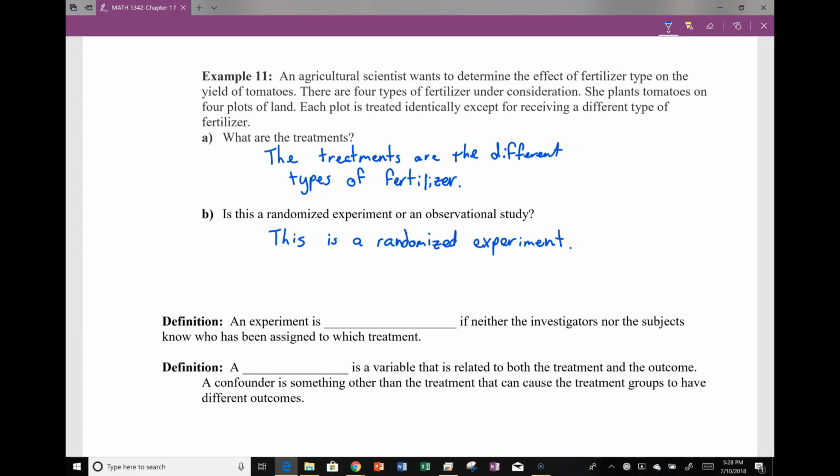Field B gets the store brand fertilizer from, say, Lowe's. Field C gets the fertilizer that the county gives them. Field D gets the fertilizer from, say, Home Depot, the store brand. So you got to control which field got which fertilizer. This makes it a randomized experiment.